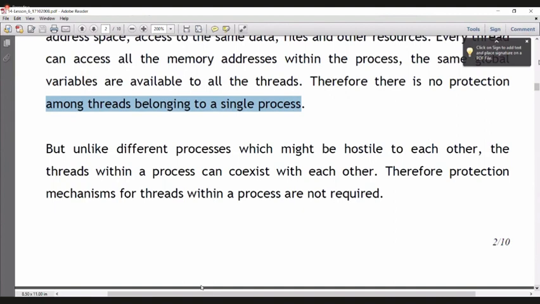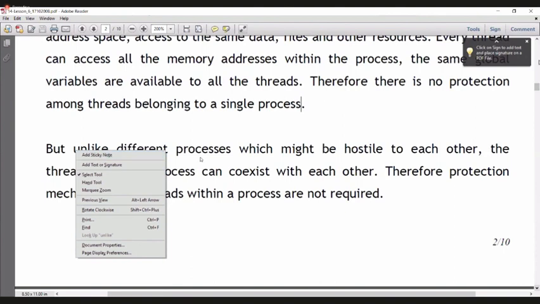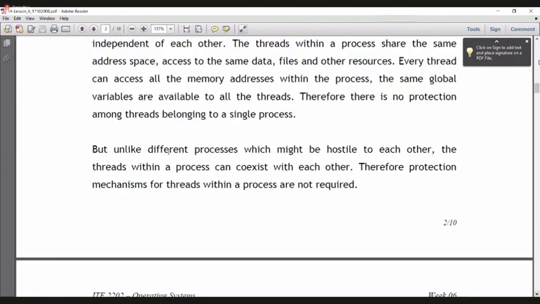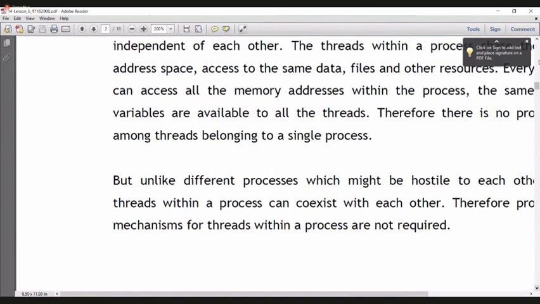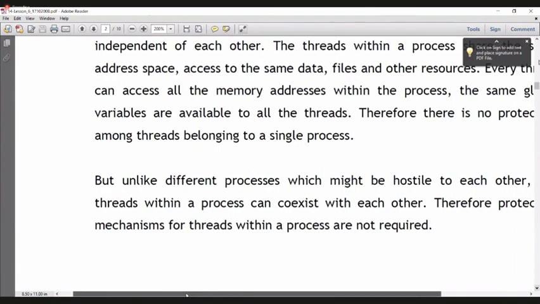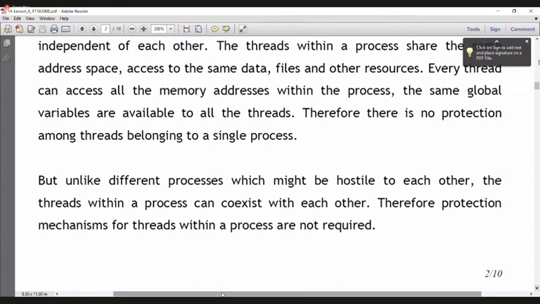But unlike different processes, which might be hostile to each other, the threads within a process can coexist with each other.